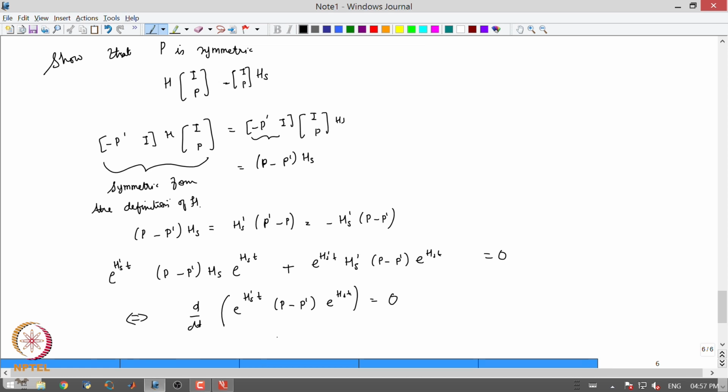Similar proof that we also did while proving stability. So we'll still use the same concepts here.